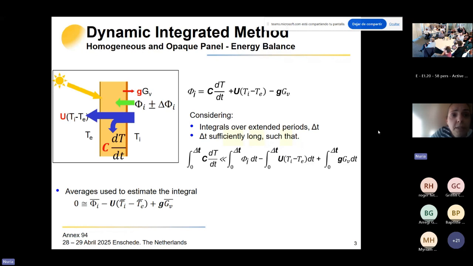So we have based it basically on the dynamic energy balance that we have at the indoor surface of these walls. As you can see in the image, the equation of this system's energy balance is determined by identifying the most relevant driving variables taking part in it.